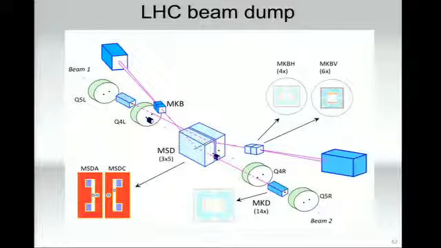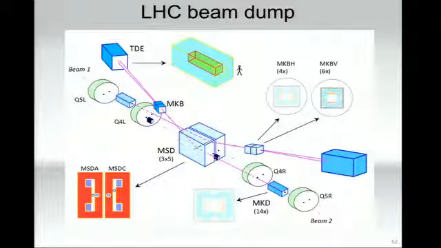This is going to kick the beams horizontally into 15 septum magnets, which are going to then guide the beam up vertically off into the beam dump channel. We've got dilution kickers. There's a beam dump block, to give you an idea of the scale. These guys are going to sweep the beam as it goes down the beam dump line to spread out the deposition of the energy on the face of the beam dump block.